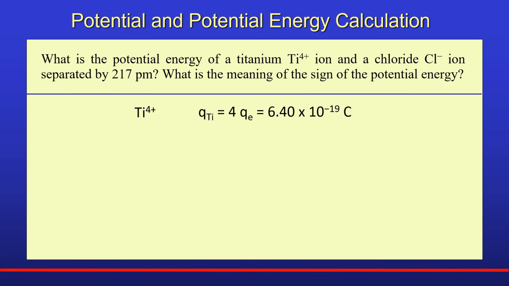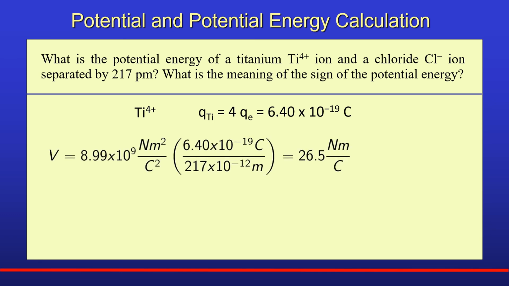Let's start by calculating the potential of this ion at the distance 217 picometers. Here's the formula. We have the potential equals the Coulomb constant, 8.99 times 10 to the 9th, times the charge, 6.40 times 10 to the minus 19 coulomb, divided by the distance from the charge, 217 picometers.